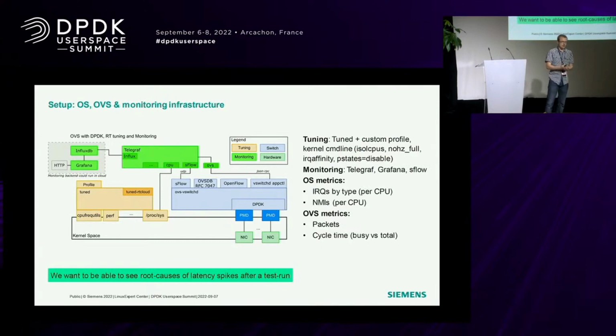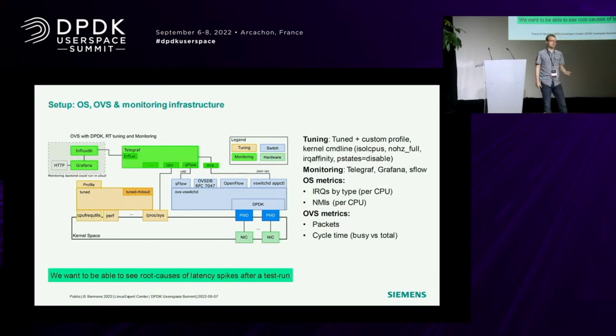So let's have a look at the infrastructure. One thing that is really crucial when you do real-time tuning is to know your system and also to monitor and measure if the system is always real-time tuned, because there are some events that happen while running the system that break the real-time.